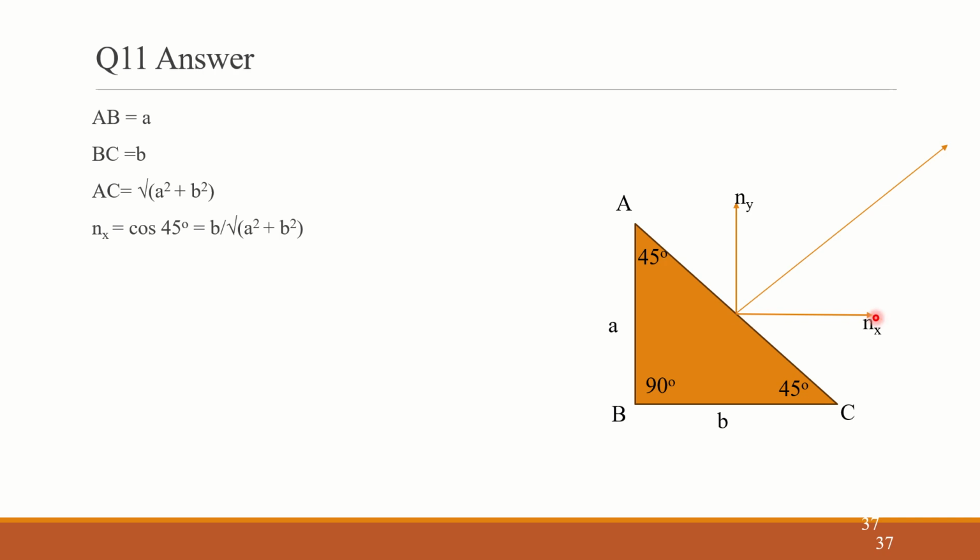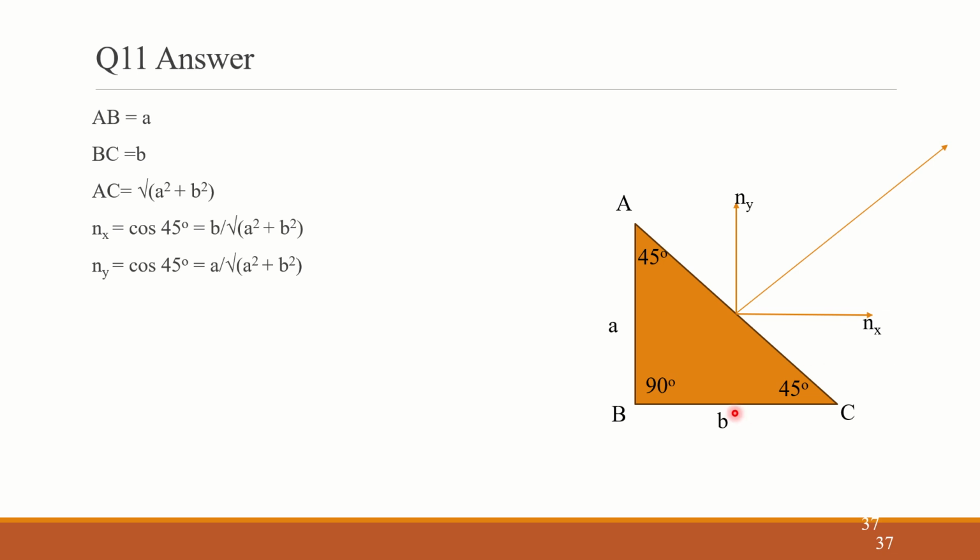So this nx will give cos 45, that is b by hypotenuse. And similarly ny is a by square root of a square plus b square.